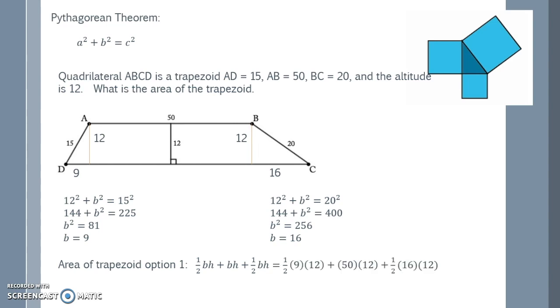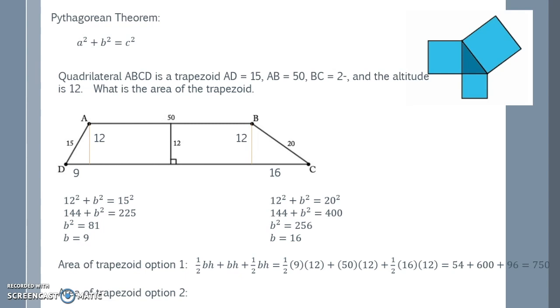That would give us half times base of 9 times 12 of height, plus the area of the rectangle, 50 times 12, plus the area of the triangle on the right, which is half times 16 times 12, giving us 54 plus 600 plus 96 for a total area of 750.